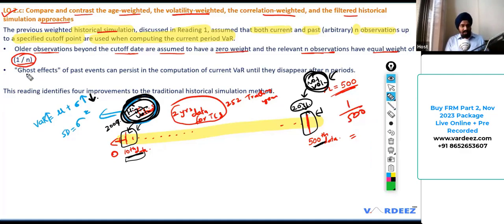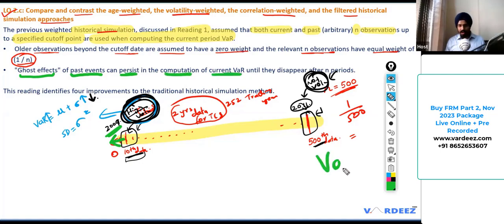Now, there is something known as a ghost effect. What do you mean by ghost effect? Ghost effect means that crisis data has a shadow effect, or a ghost effect, from something that really does not exist anymore. So the ghost effect of past events can persist in the computation of current VaR.